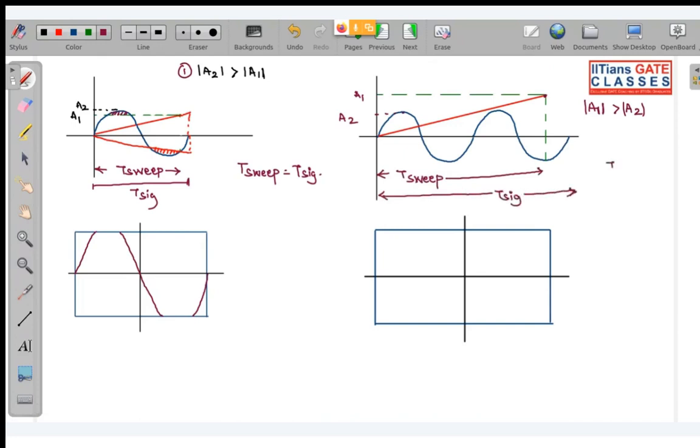The time period of signal is greater than the time period of sweep, and whatever the time period of the sweep is, that much time you map on the screen. That is why this much part is going to be eliminated from the screen. So your screen will look something like this.